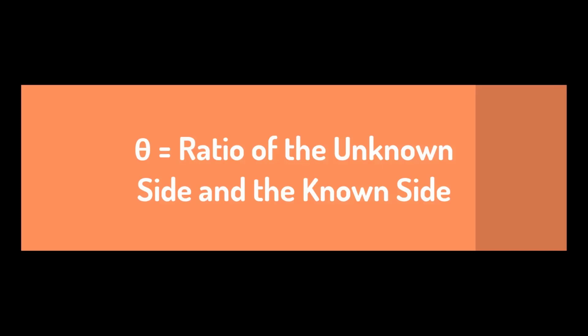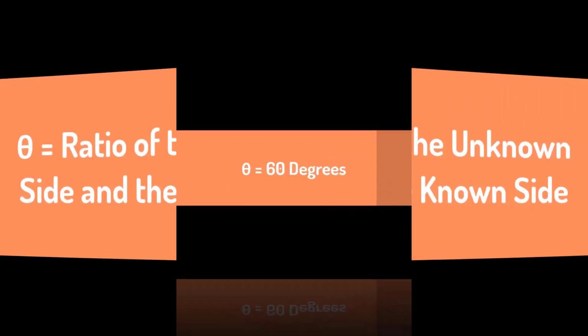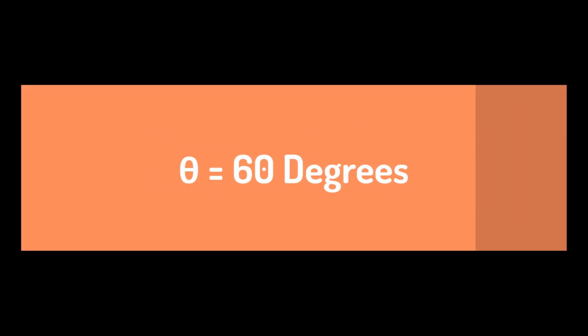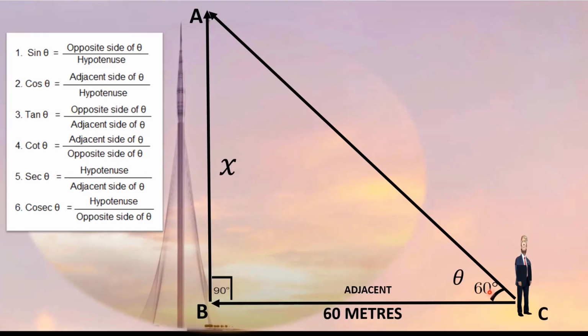So in this case, theta is 60 degrees and this angle is equal to the unknown side, that is x, which is the opposite of theta, over the adjacent, whose measure is 60 meters. I repeat, how do you write the ratio of the two sides?